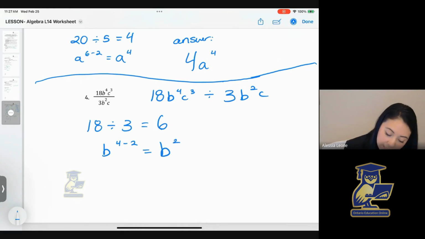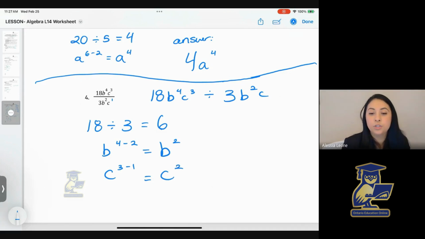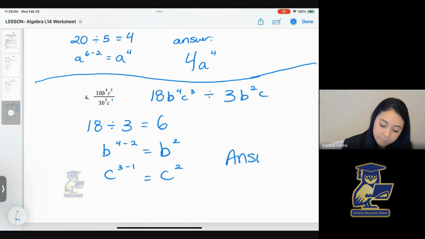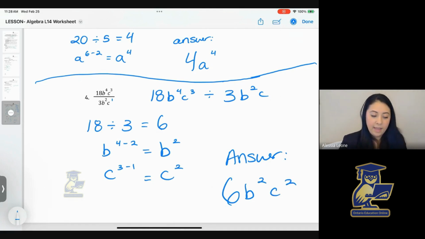And now let's work with C. C, 3, and we know there's an invisible 1. So 3 take away 1 is 2. We have all of our parts now. We have our coefficient and we have both exponents. Let's put it all together. 6b squared c squared. And that's our answer.